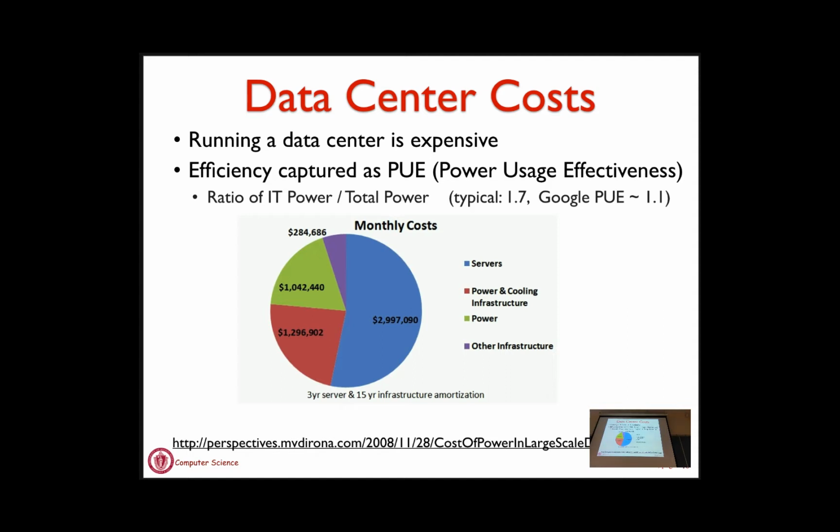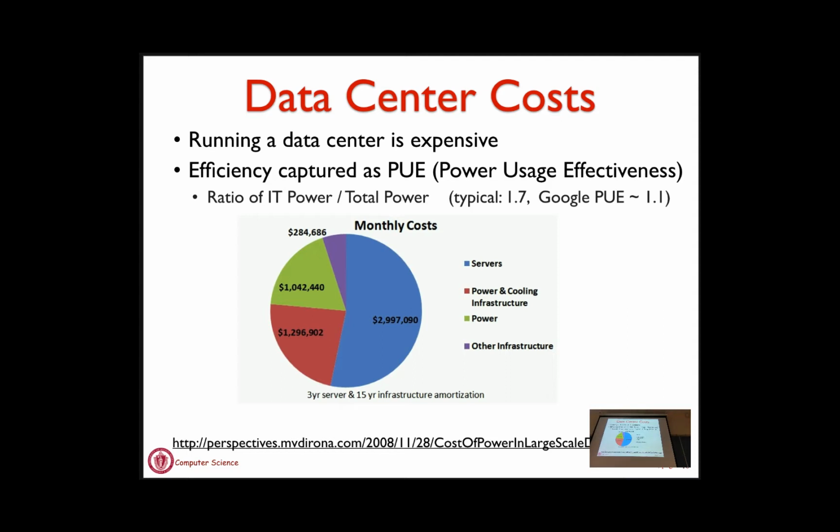I mean, green is nice, green is cool, but electricity is expensive. So if you can reduce your electricity bill by 70%, you're very, very happy. The average Google PUE is actually 1.05 now, I think, from the recent numbers, because they just started putting their data centers in very cold places.